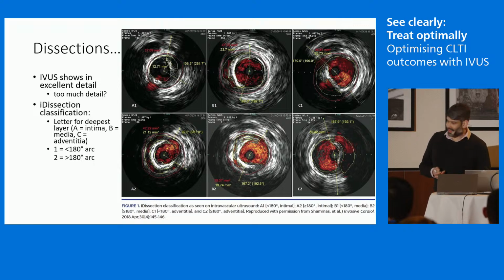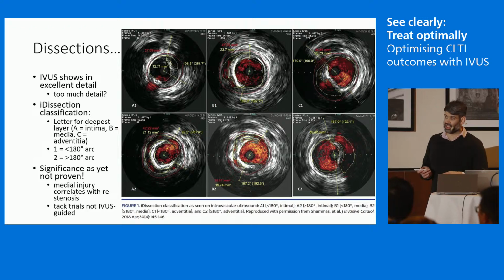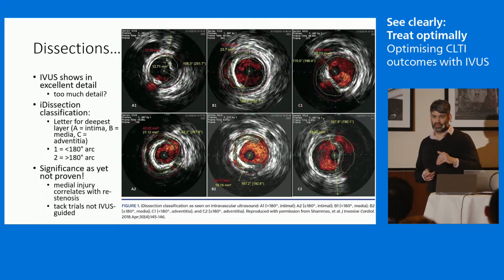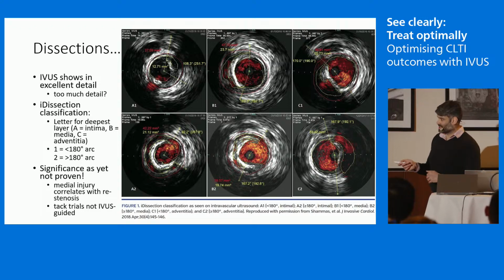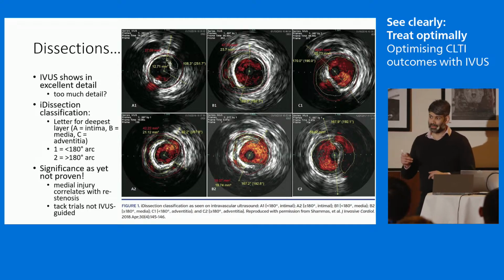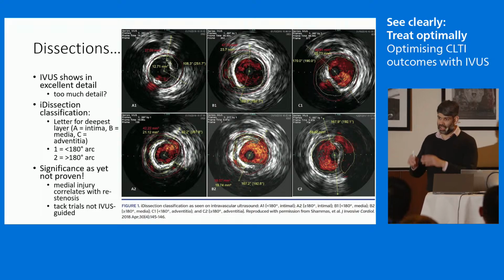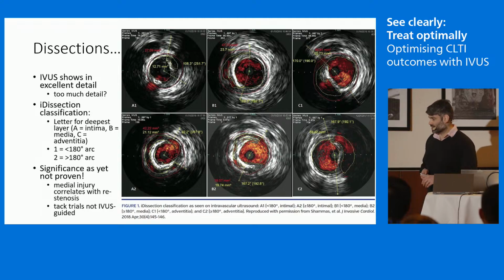This has not yet been validated, but what we do know is that injury to the media of an artery correlates with restenosis. So I don't run every dissection through this classification, but if I can see it penetrating through to the media, and particularly if it extends more than 180 degrees around the arc of the vessel, I'm going to take that much more seriously than a limited intimal dissection.